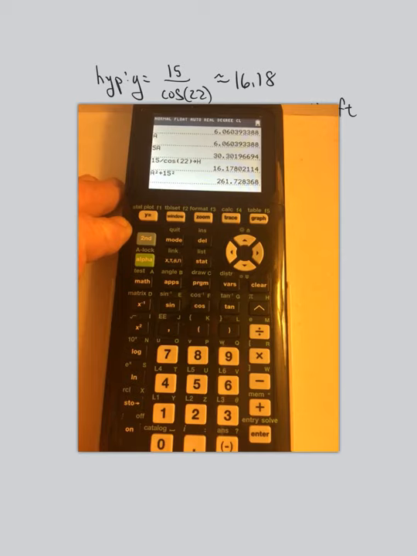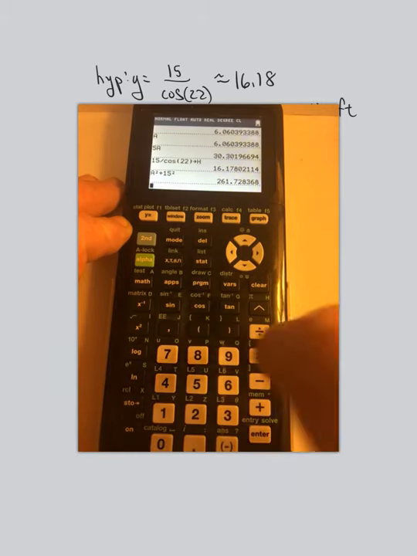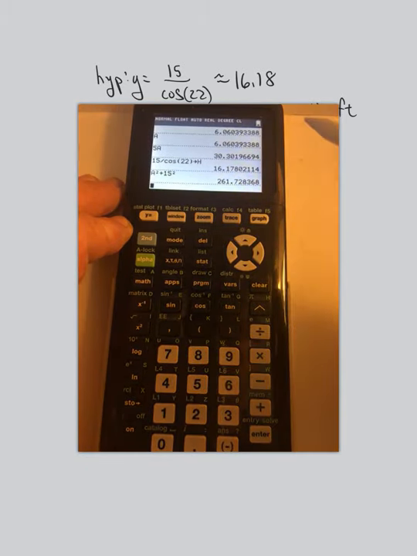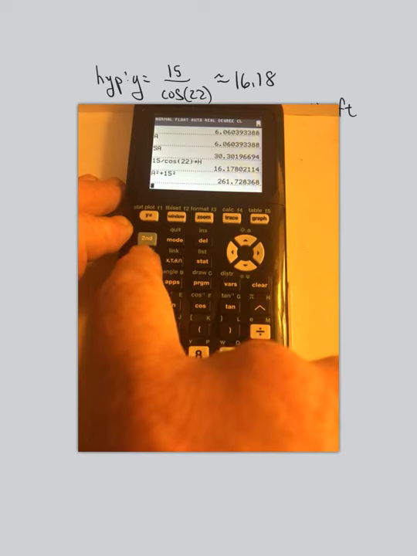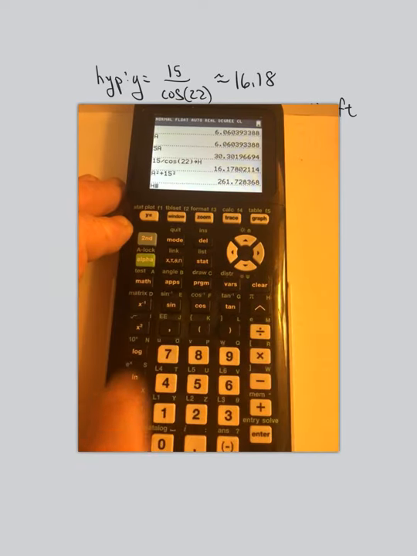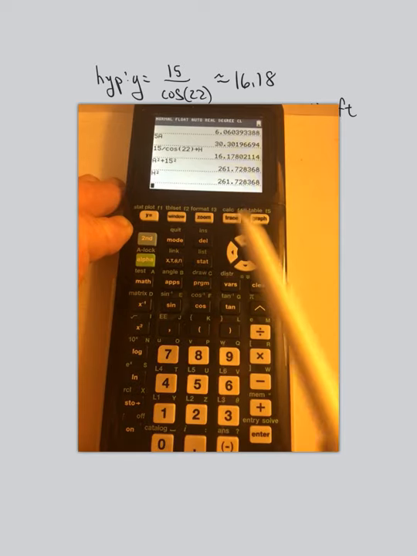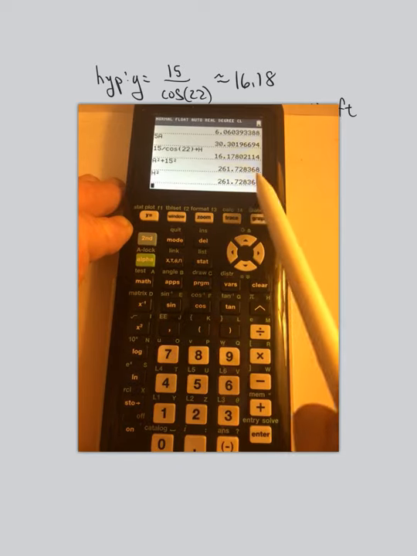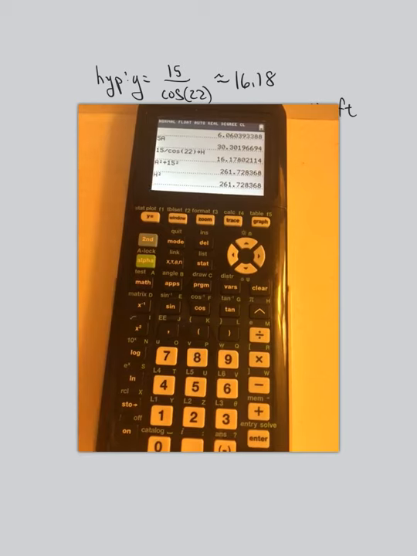Again, there's that 261 we were seeing. For the right side, instead of typing in the 16.18 and squaring it, I can just tell it to do h squared. Notice that those are checking perfectly, and so now I know my answer is correct.